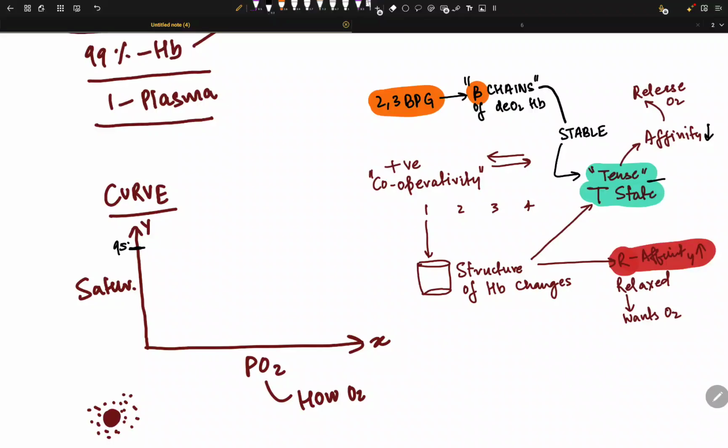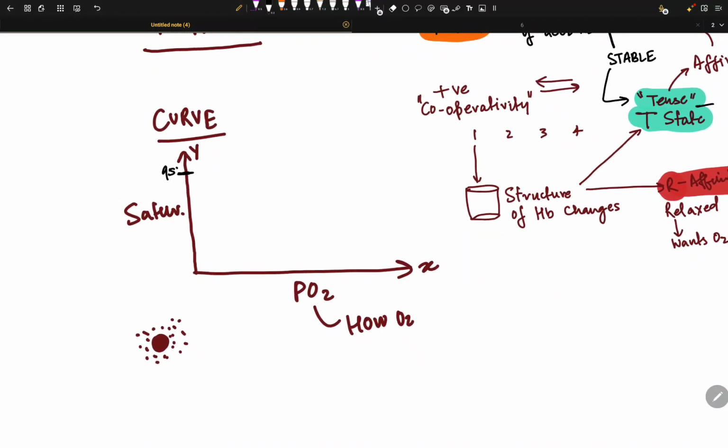So hemoglobin is 95% saturated at a certain PO2, for example, let's take 80% PO2. I'm just ballparking here. So we have this 80% PO2, and our saturation is around 95%.